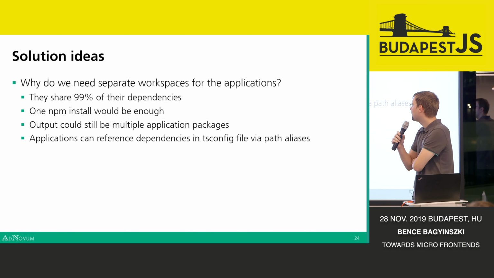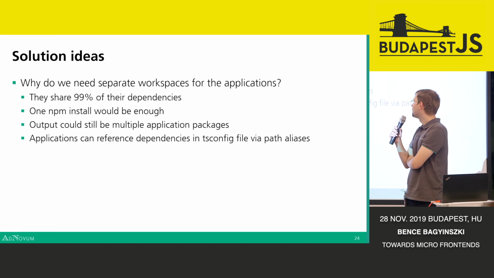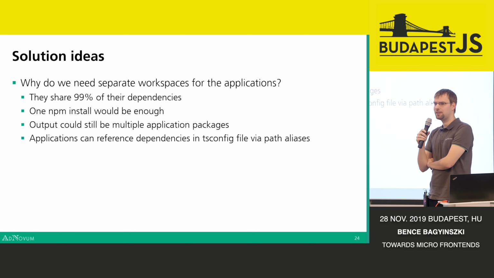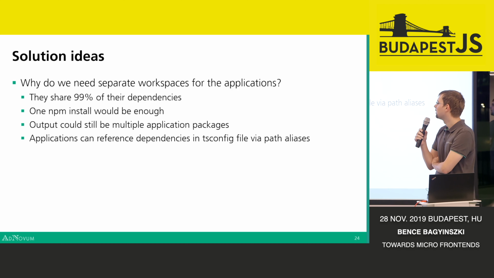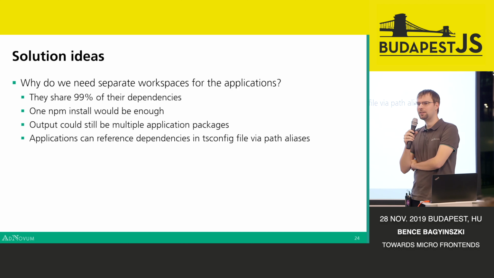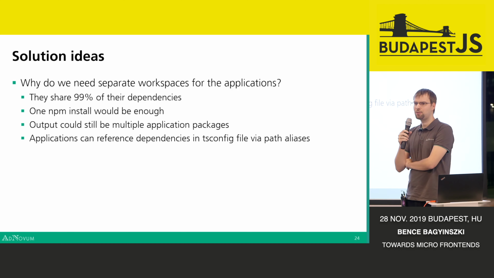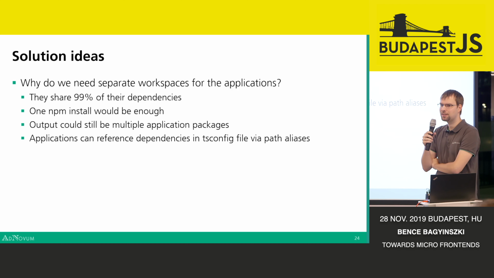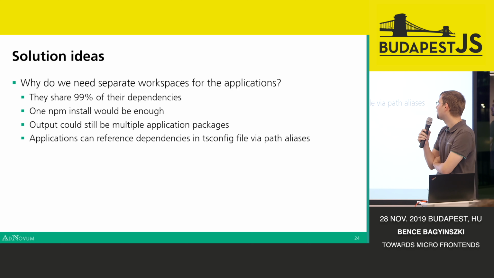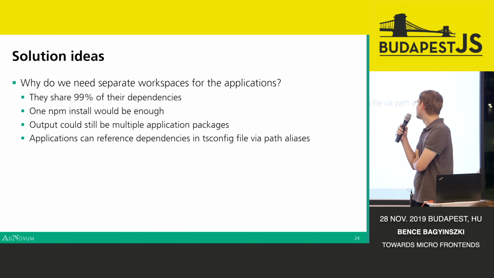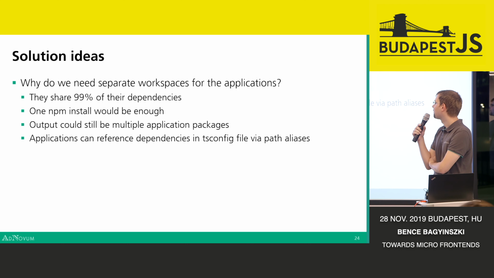So our solution idea was that, okay, we already have a project, namely the registration project, where we have one application and one library in the same workspace. So why don't we have all the applications and libraries in the same workspace? And then we can reference these dependencies in the tsconfig file via path aliases.